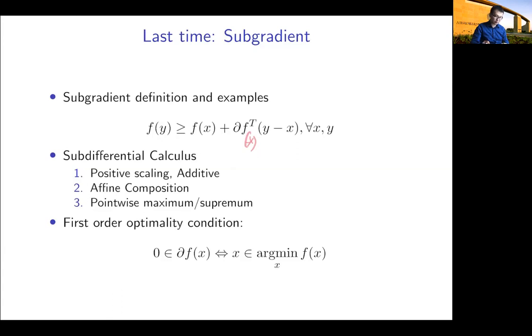Okay, so this generalizes the standard first order optimality conditions that you might have learned since high school, that the gradient needs to be 0 for a convex differentiable function.